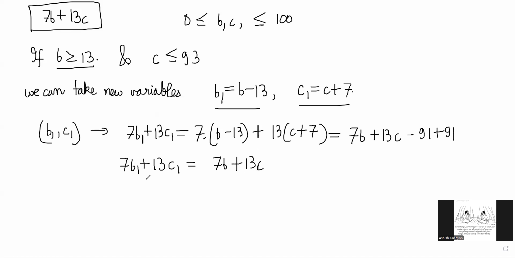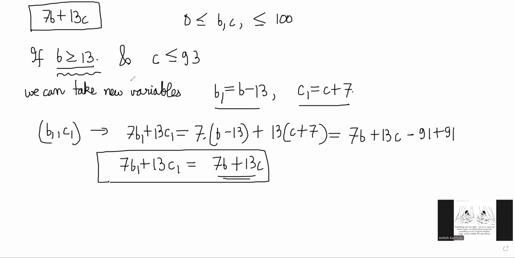What I'm saying right now is that 7b1 + 13c1 is going to give us the same value as 7b + 13c. So if b is greater than 13, you can replace b with a new variable b1, which is less than 13, and adjust c accordingly. c1 will become c + 7, right?